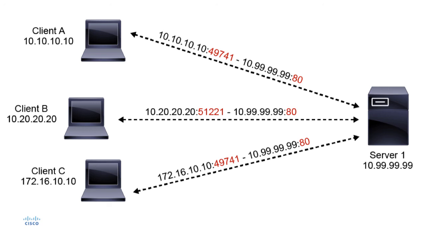So this differentiates between each of these 3 sessions. Now in this example, client A and client C are using an identical ephemeral port number, 49741. But because of the 5-tuple information, their source IP address is different, and the server can maintain a unique session for each of these devices.